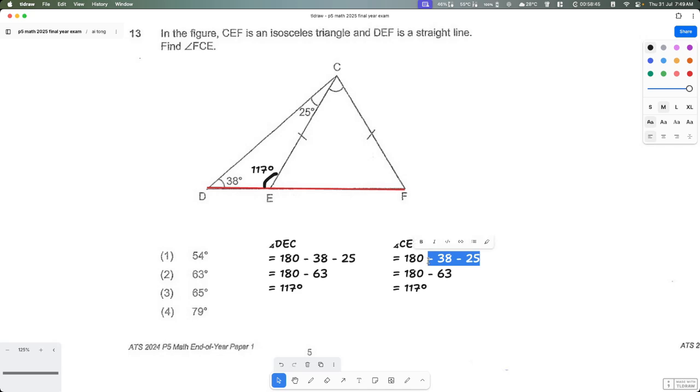I think you know the answer to this. It should be 63 degrees.